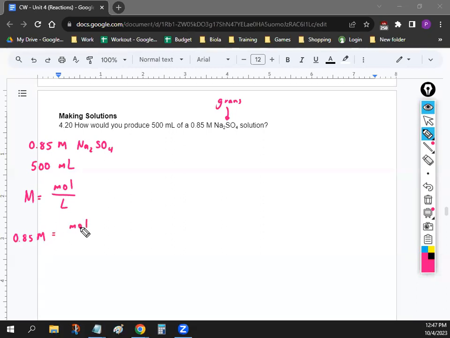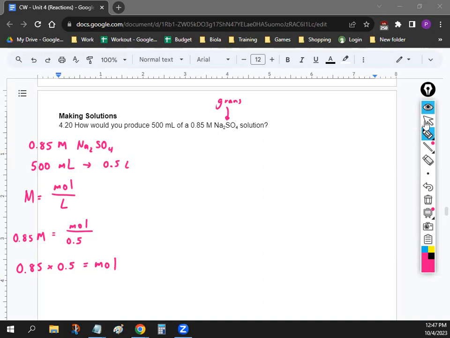Yeah, so we've got moles, and then your volume is going to be 0.5 because you've got to turn this into liters, right? So you've got to calculate for moles. In order to isolate moles, we need to multiply both sides by 0.5. So on the left side, you'll get 0.85 times 0.5, and that will be your moles.